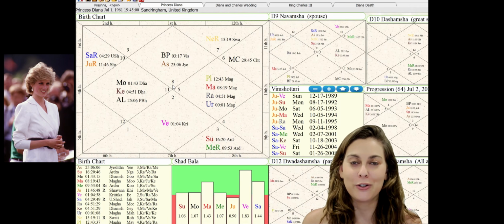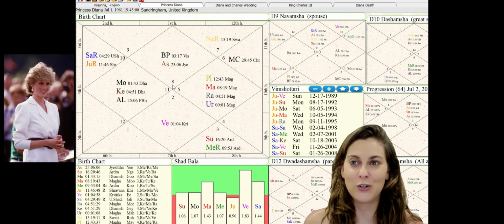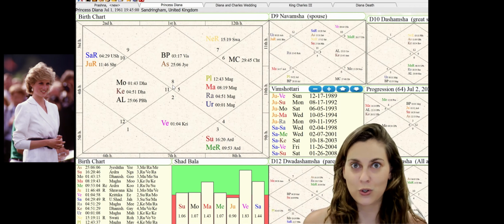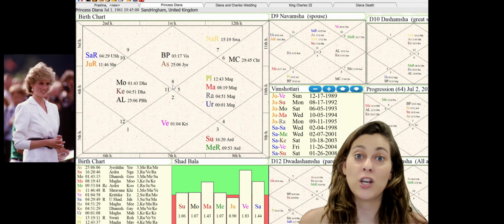Jyeshta takes it a bit further because it is a nakshatra that is very concerned with being the senior or the chief. It always wants to be in control. Its fear is losing control, and it can be quite dominant at times and jealous.